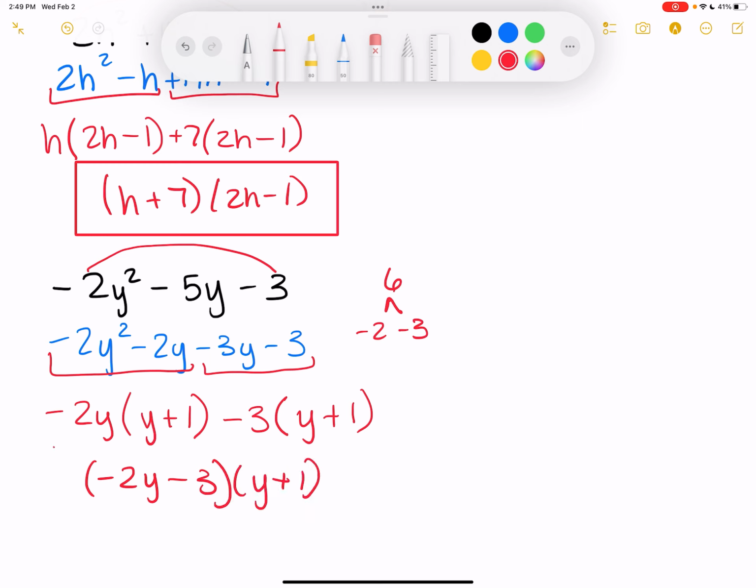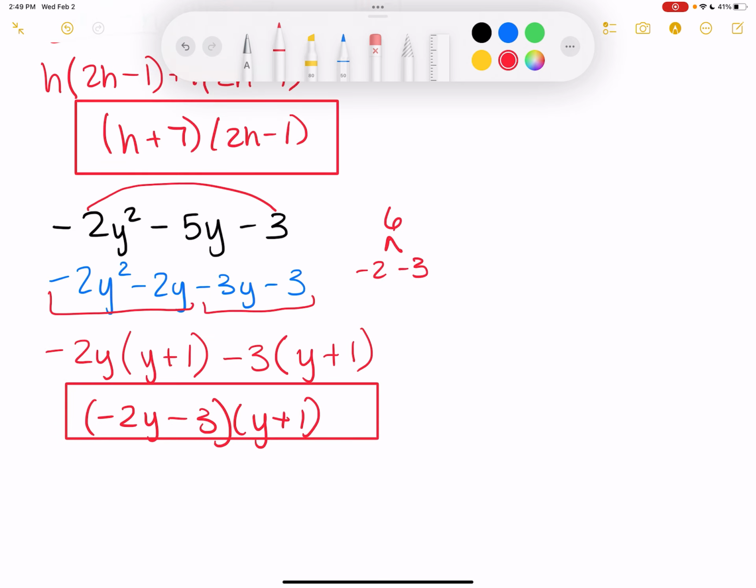Okay? I'm okay with you leaving the answer here. Your book, just so you know, because a negative can still be taken out of both of these pieces, is going to write it as negative times 2y plus 3 times y plus 1.